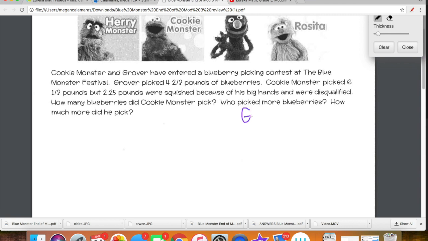We know that Grover picked more blueberries. So we're going to do Grover minus Cookie Monster to find out how much more blueberries Grover picked than Cookie Monster. So if Grover picked 4 2/3 cups of blueberries, and Cookie Monster picked 4 1/12 cups of blueberries.